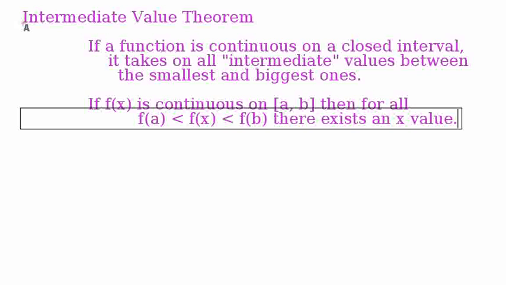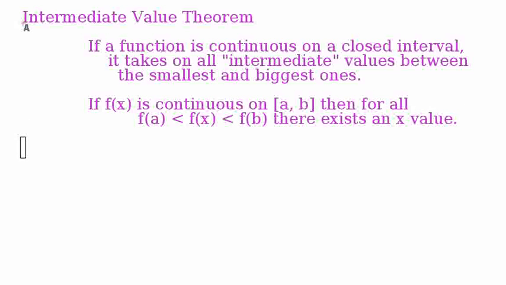If f is continuous on [a, b], then for all... In other words, if you want an f value in between f of a and f of b, you can always find an x value that gives you it.